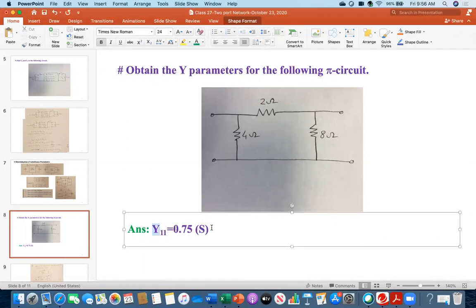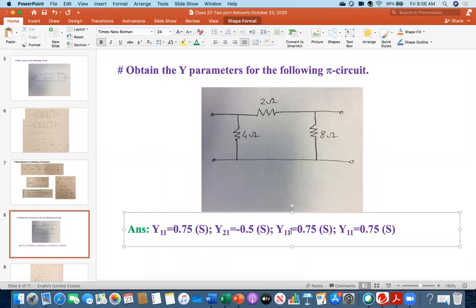And let me write down all answers. Okay, so then Y1, then Y21. Y21, I got minus 0.5 Siemens.